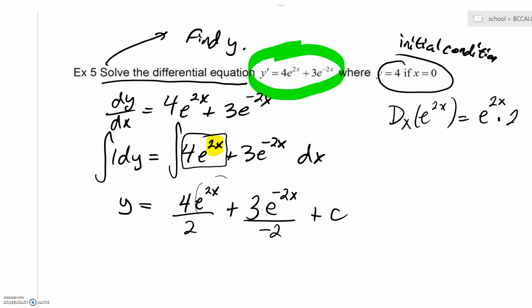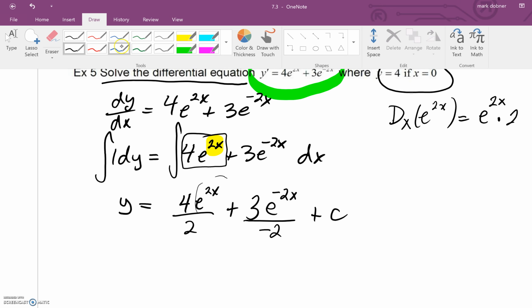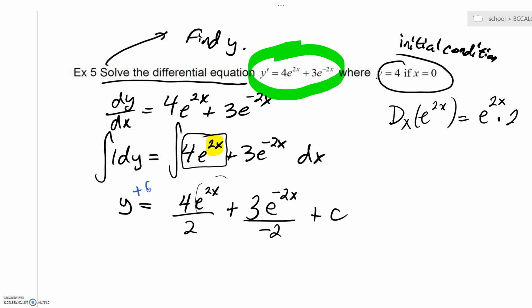Now, I do want to talk about the constant issue. Very often, kids do worry about that constant, and they'll say, well, my word, I want to put a constant on the left side. We could call that C1. We could have a constant on the right side. We could call that C2. And we definitely could do that. But at the end of the day, please realize you'd have a constant on the left side, a constant on the right side, and we could just subtract C1 on both sides.